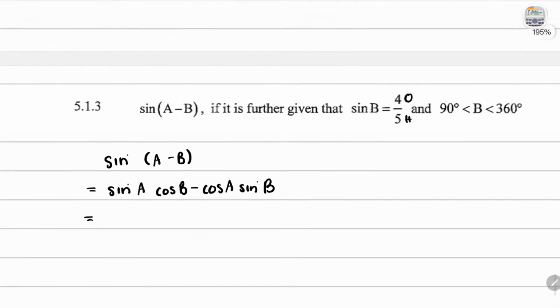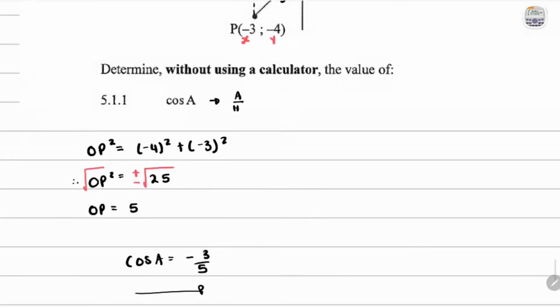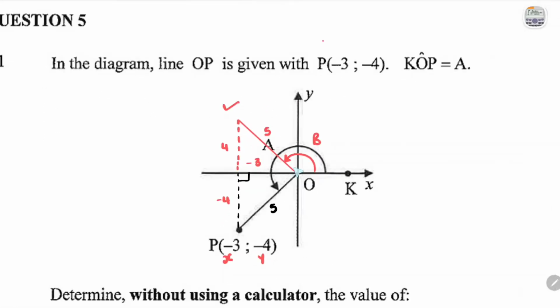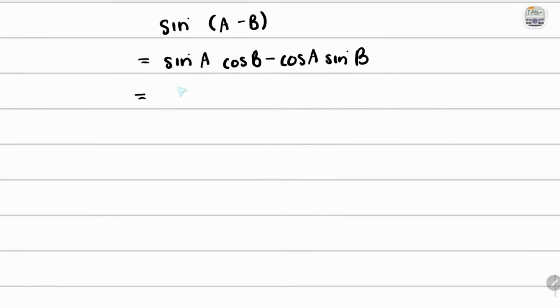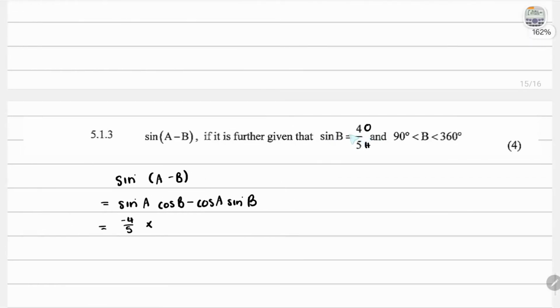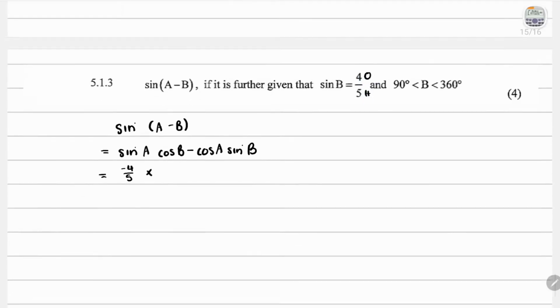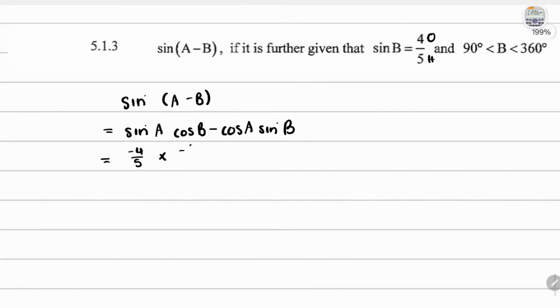What is sine A? We don't have it here, but it is here: the opposite over the hypotenuse of A, which is the diagram we already had. So sine A is negative 4 over 5, multiplied by cos B, which we don't have here, but if sine B is 4 over 5, then cos B is negative 3 over 5, because the other side that we had was negative 3.